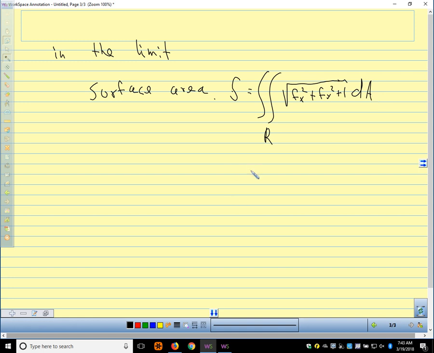And often you'll see this written as the double integral over our region of dS.